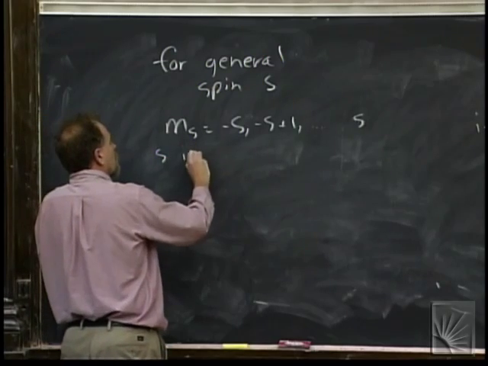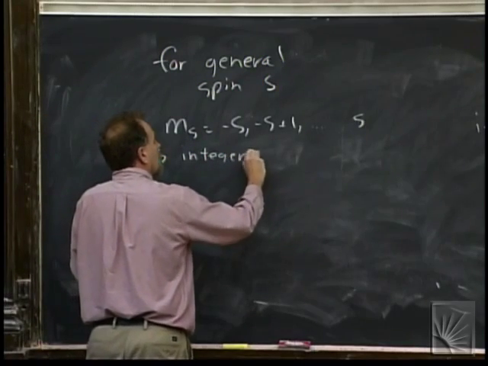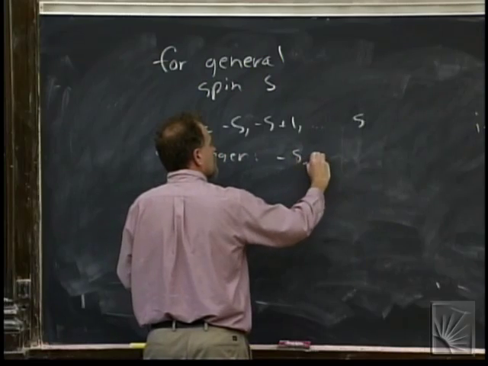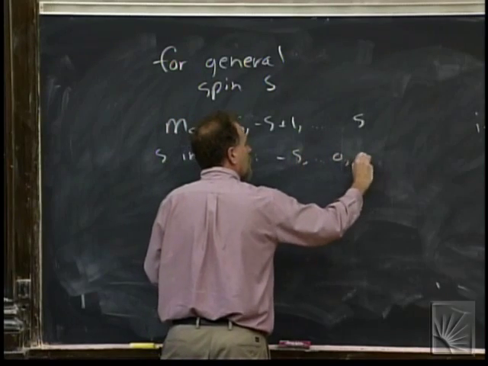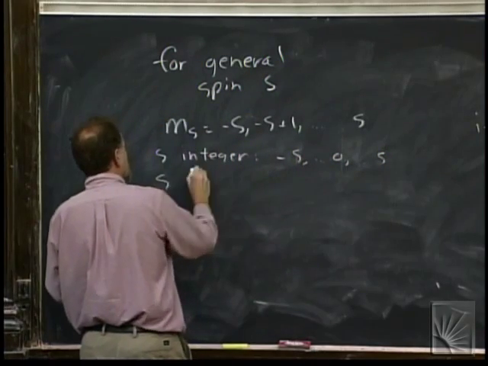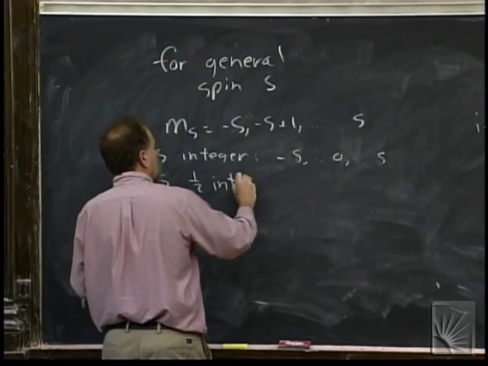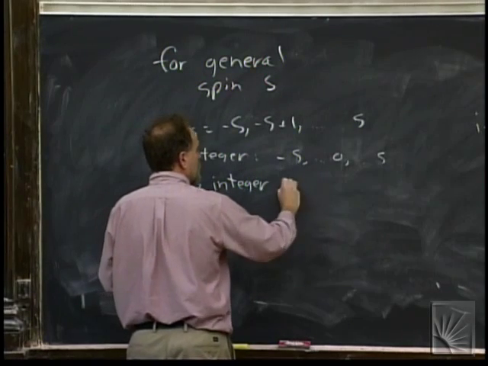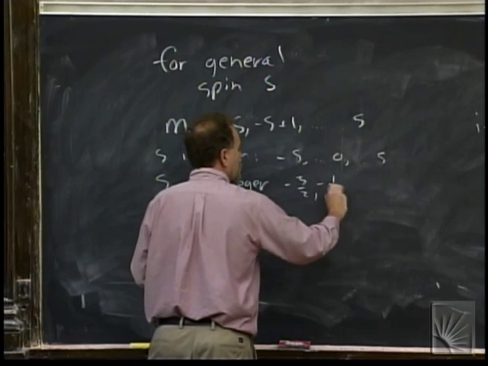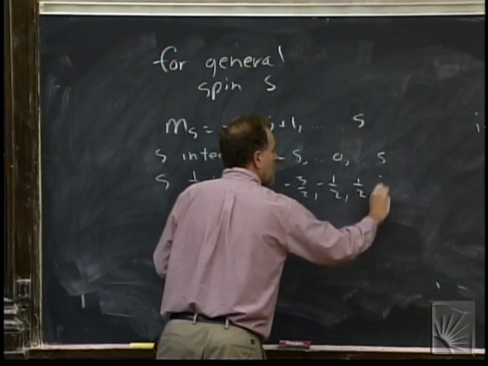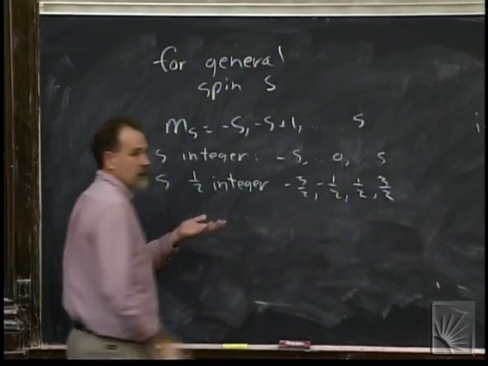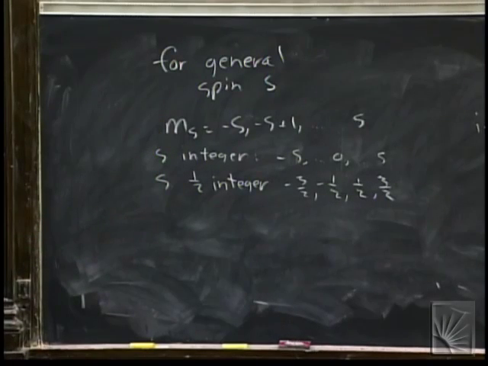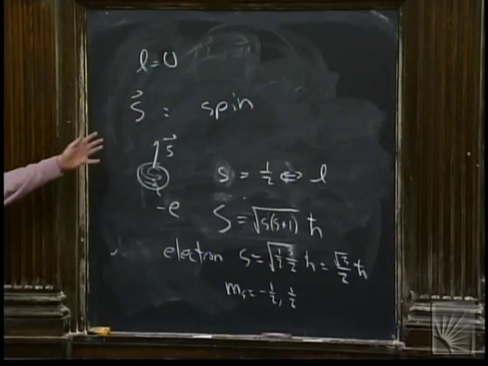If s is an integer, this is going to go minus s, dot dot dot, 0, dot dot dot, out to s. But if s is a half integer, it's going to be different. So for instance, minus 3/2, minus 1/2, 1/2, 3/2. It skips 0. Not a big deal, but that's just what it does. So the formulas are the same as for angular momentum, but it's just there.